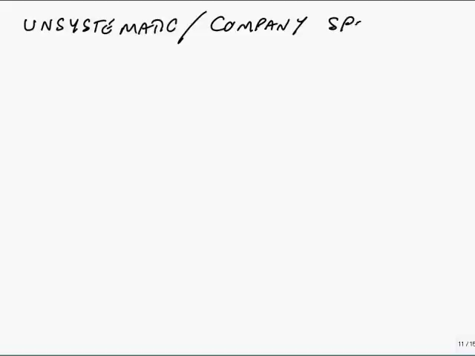One thing is factors specific to your company, like Vita's new managing director, Ines' people going on strike. We call that unsystematic or company specific risk.